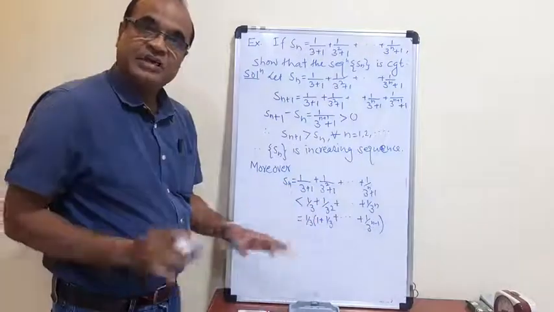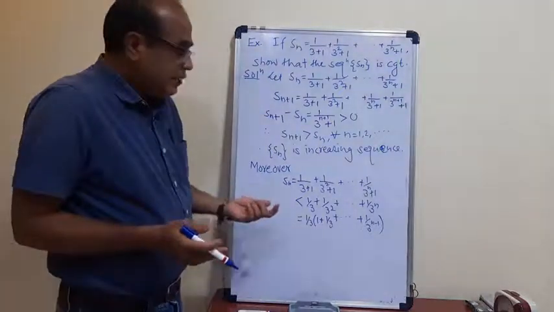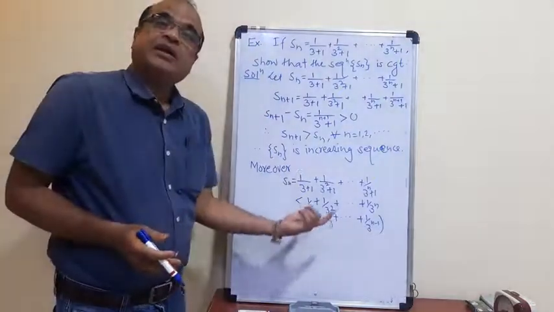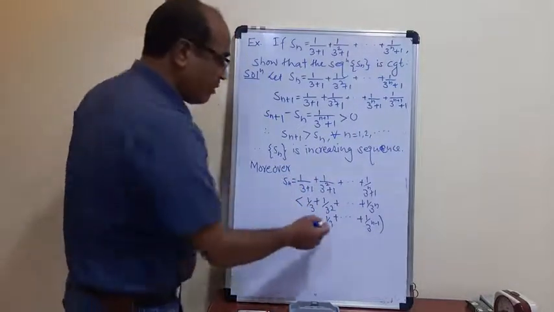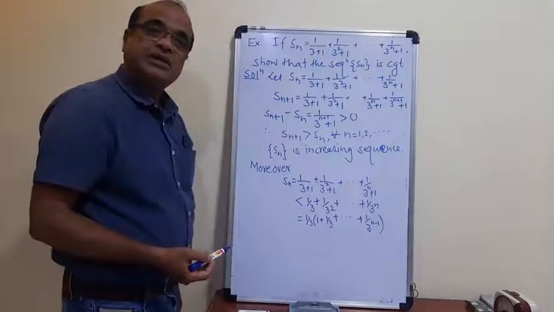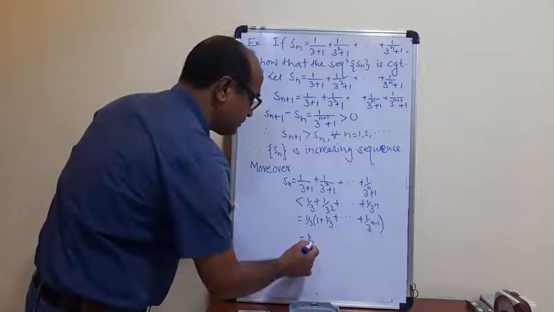There are n terms, and this is a geometric series. So we know the sum of that geometric series. The first term is 1 and the common ratio is 1 by 3.